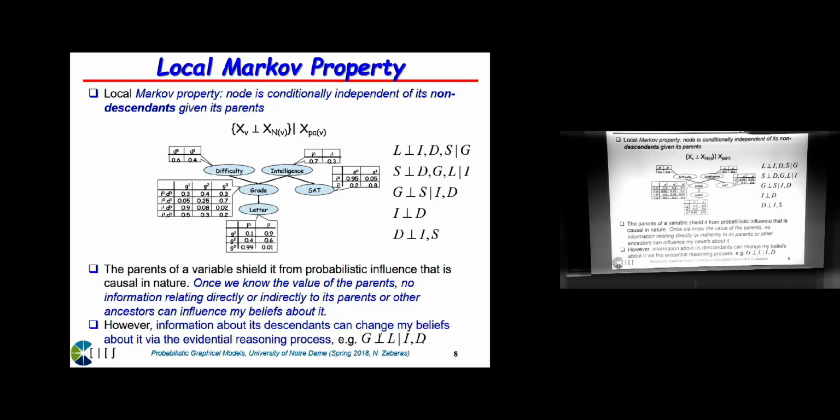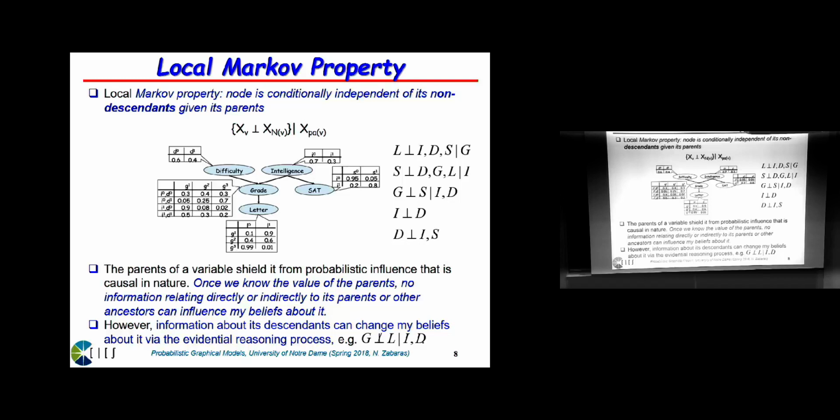So in this example, let's say this is some test of a student that gets different grades and some results of an SAT. Let's accept this graph like that, so we don't have to discuss all the details. The parents of this node are difficulty and intelligence, but you notice SAT is a non-descendant. So given D and I, this node is independent of SAT.